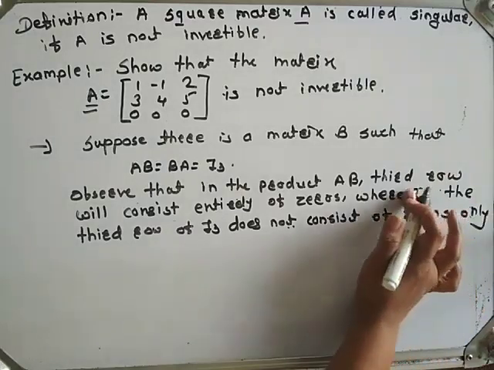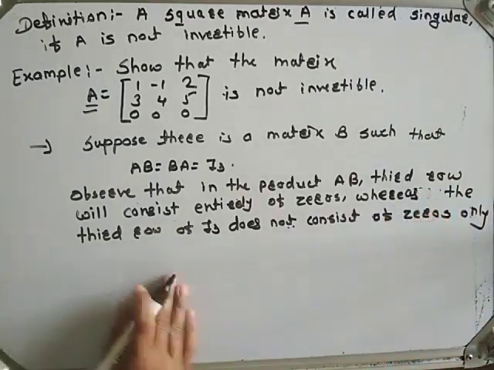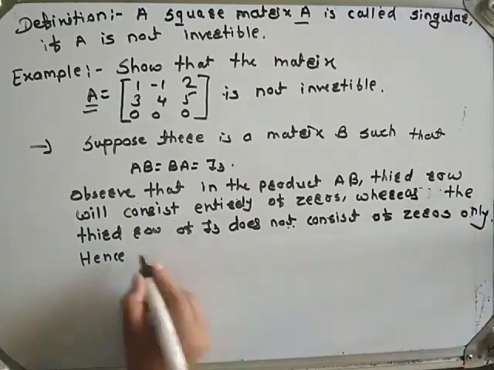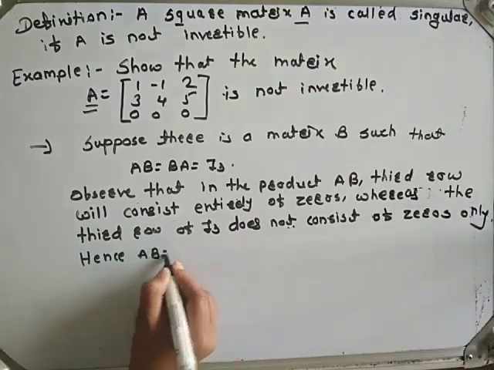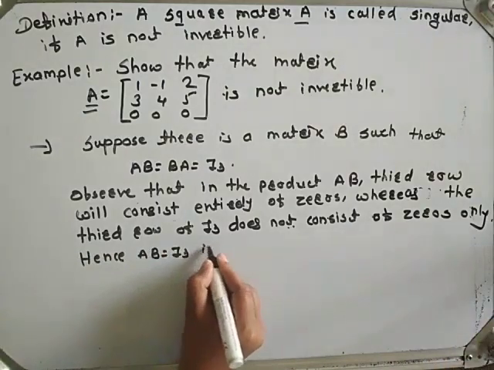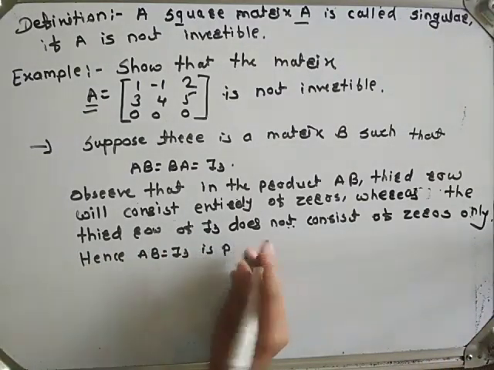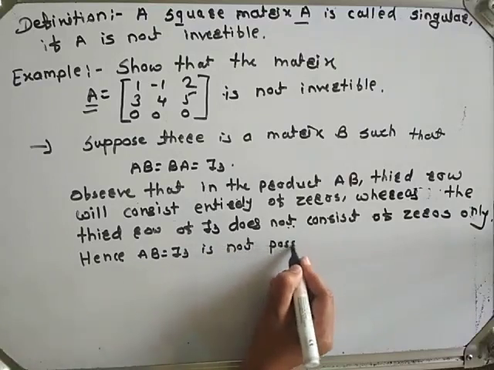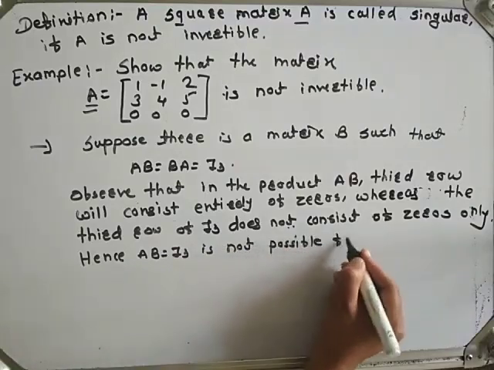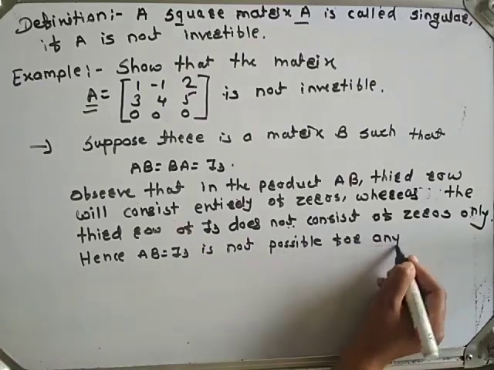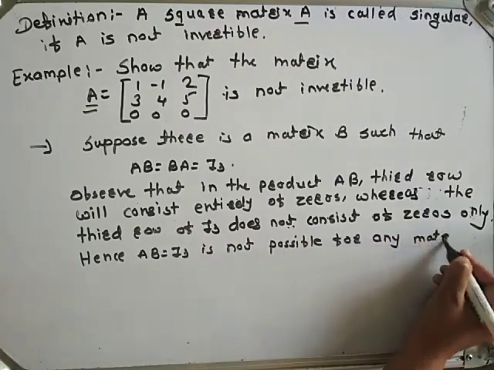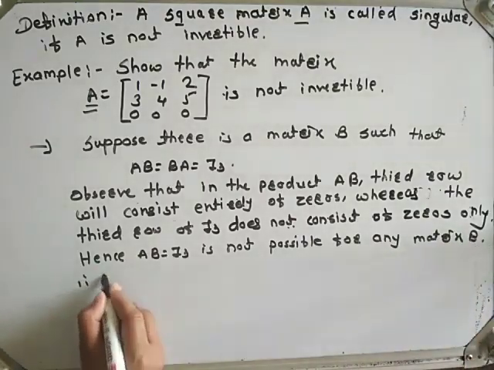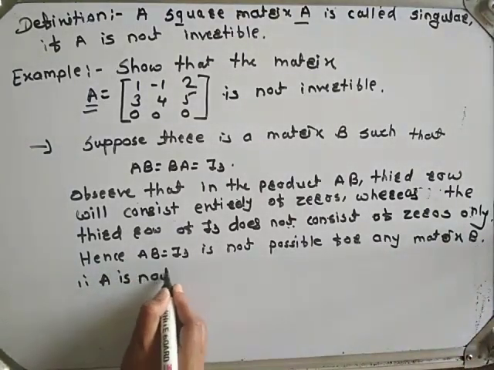Hence AB is equal to I3 is not possible for any matrix B. Therefore, A is not invertible.